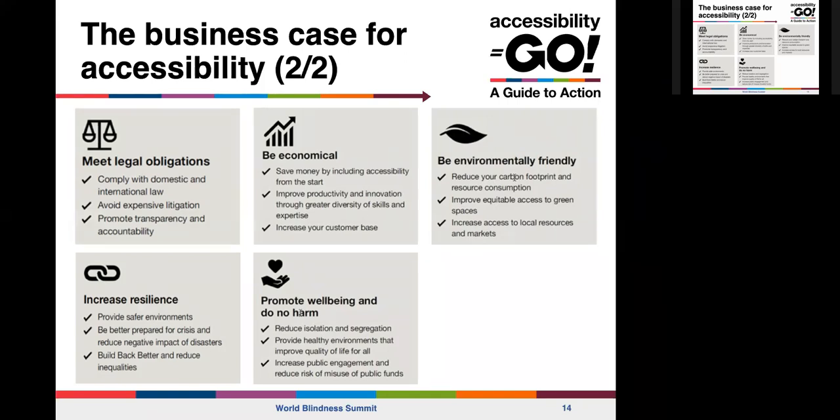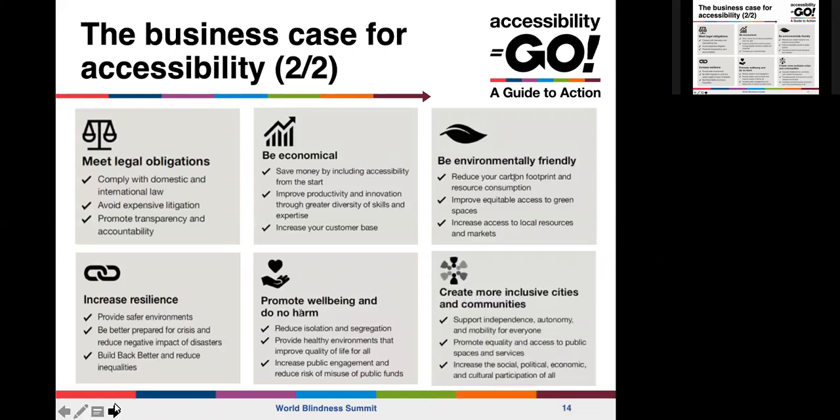And lastly, by promoting accessibility, we can create more inclusive communities and cities. Because in a few decades, over 2 billion persons with disabilities and older persons will reside in cities. This is putting immense pressure on cities and local governments to adapt their structures, strategies and spaces so we all have a good quality of life where we reside.